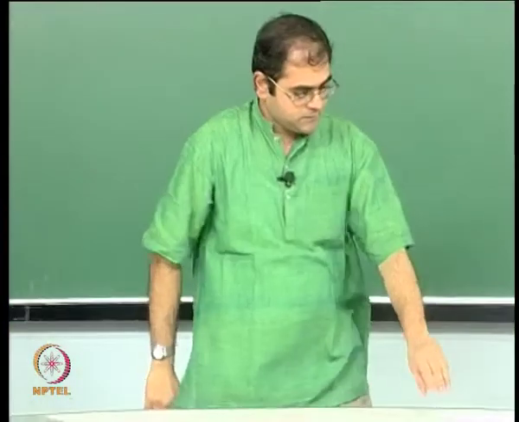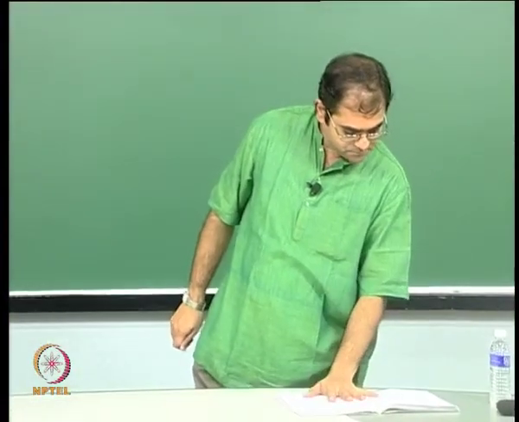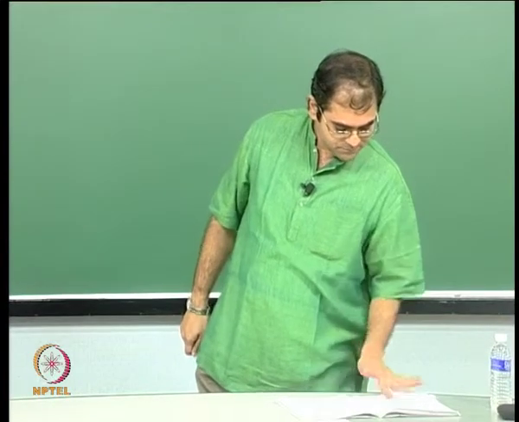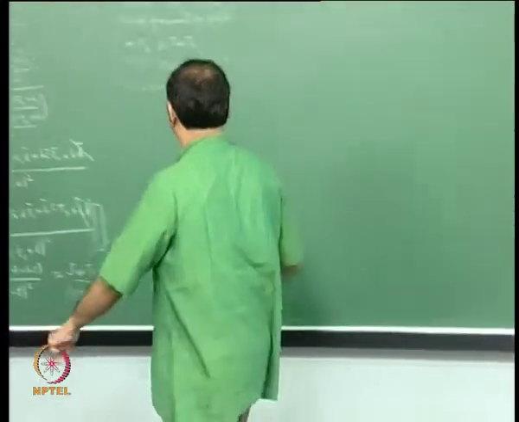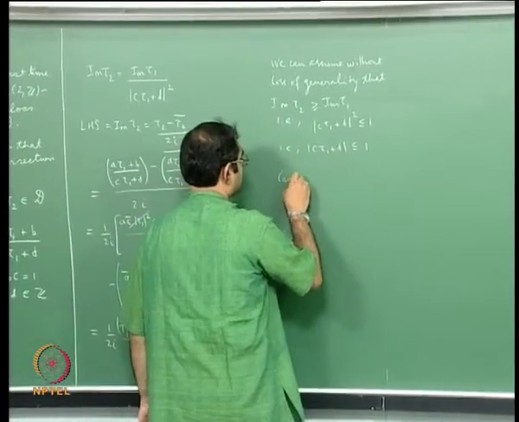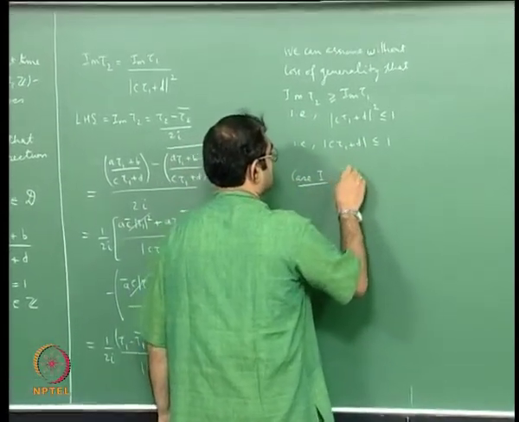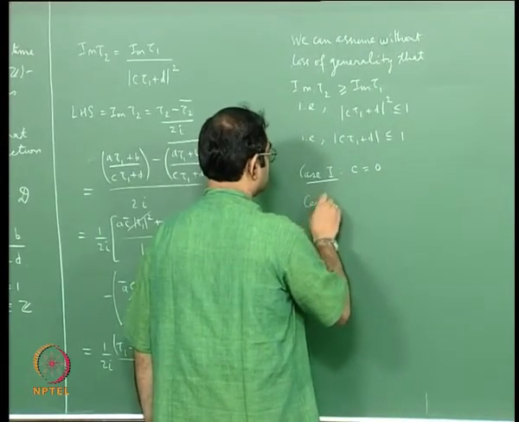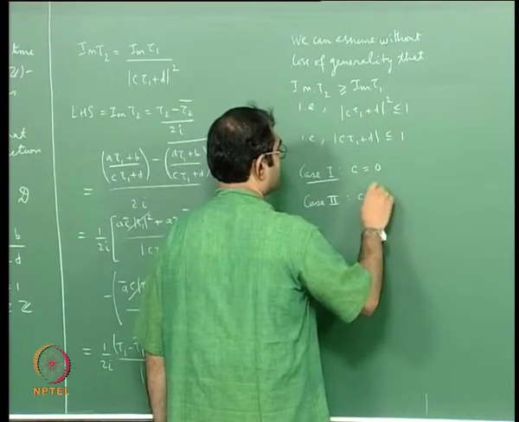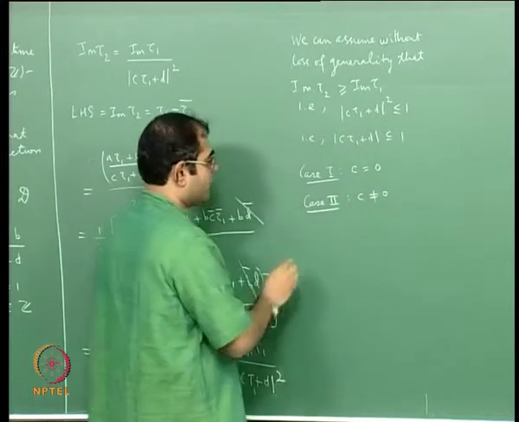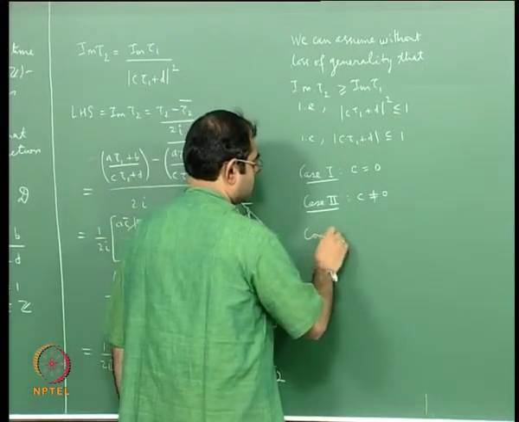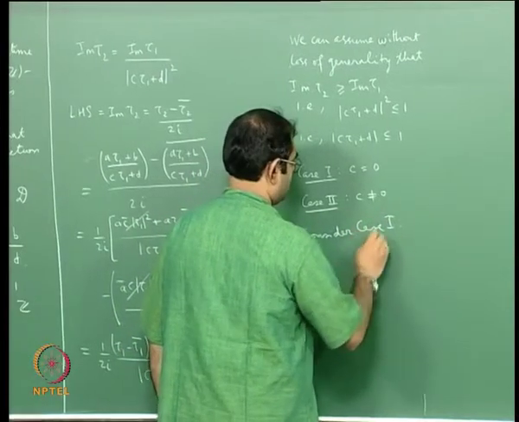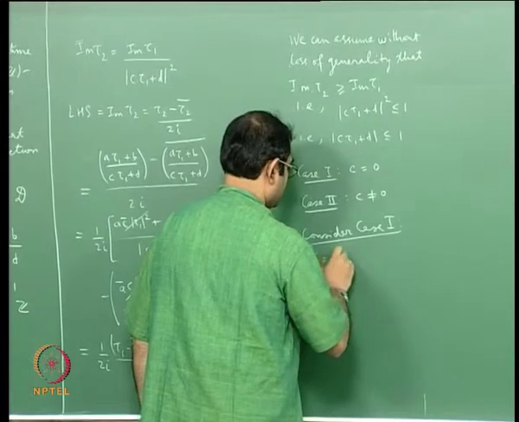So first, case 1: C is 0, and case 2 will be C not equal to 0. So consider case 1, C is equal to 0.